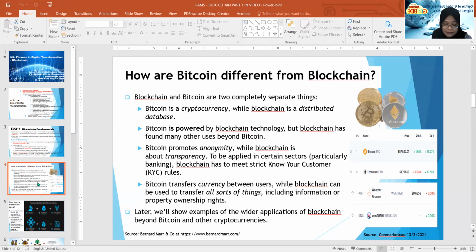To be applied in certain sectors, particularly banking, blockchain has to meet strict know your customer, KYC, rules. Bitcoin transfers currency between users, while blockchain is the technology that can be used to transfer all sorts of things, including information or property ownership rights. So in short, although Bitcoin uses blockchain technology to trade digital currency, blockchain is more than just Bitcoin. In this module, we will be looking at the wider application of blockchain beyond cryptocurrencies.